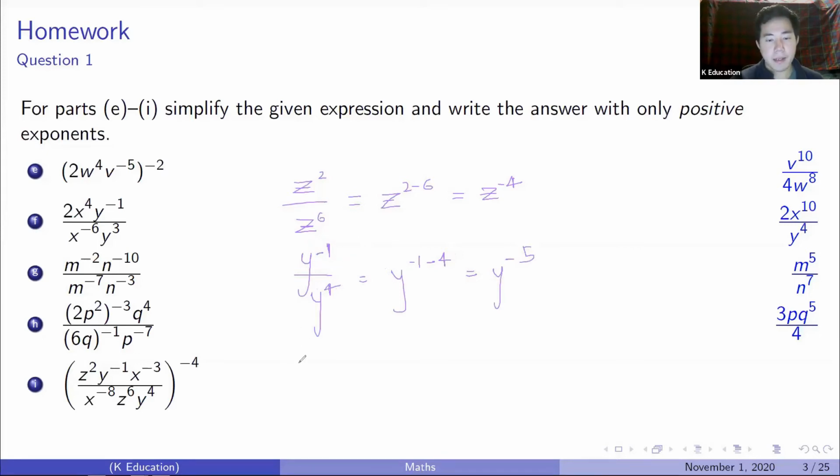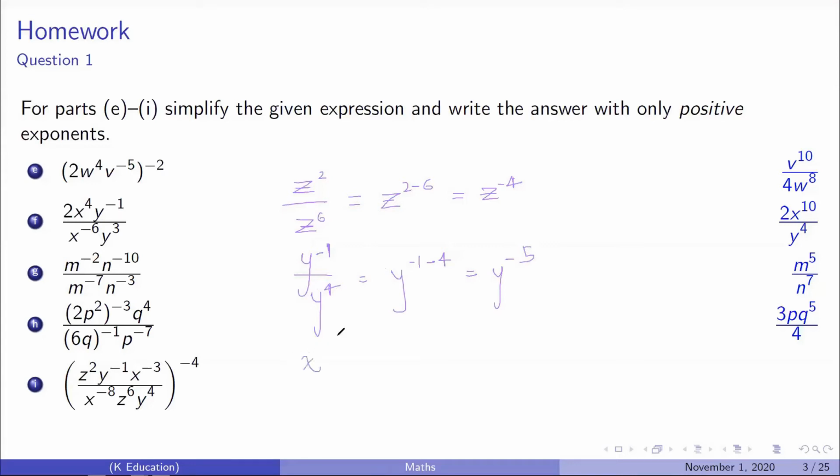And lastly, for X, what do I have? You would have X to the power of -3 times X over X to the power of -8.